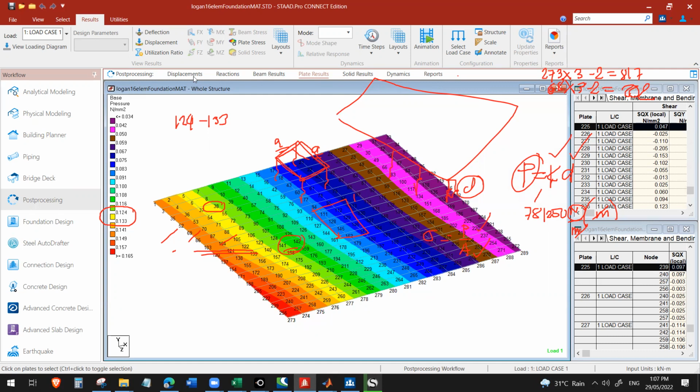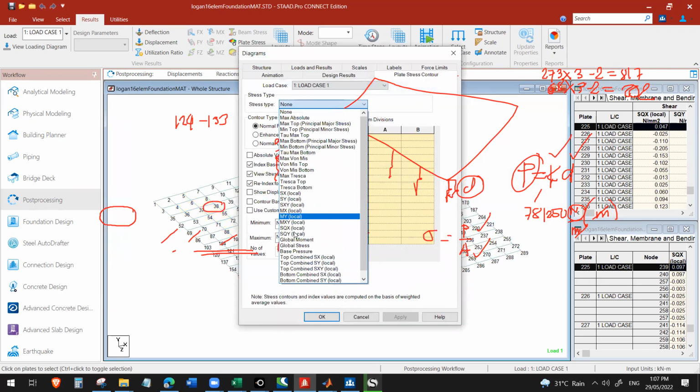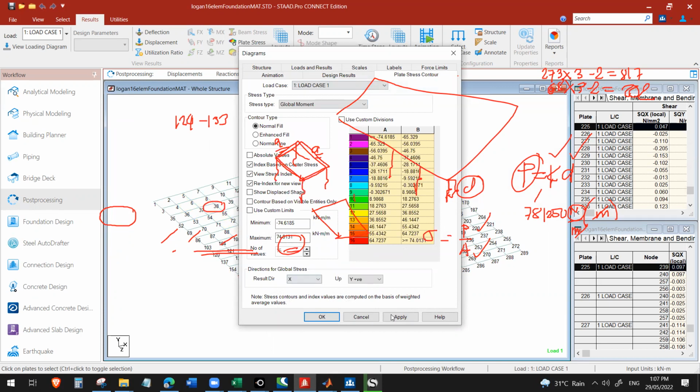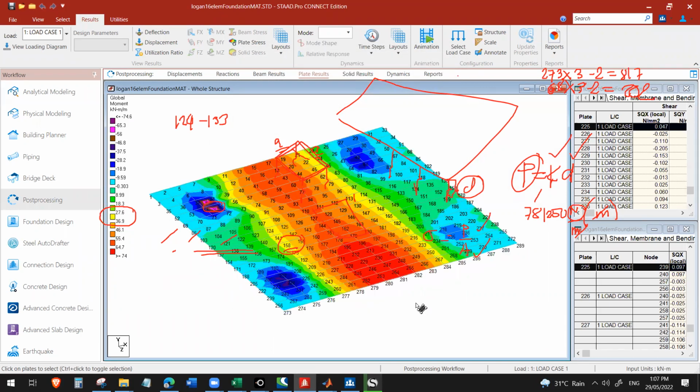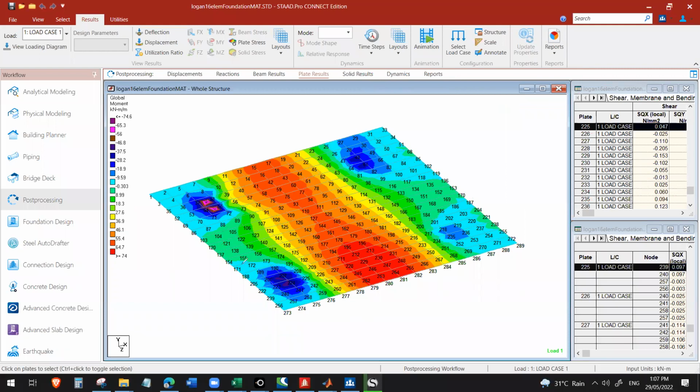Then lastly is for the moment. Plate results, global moment, just Mx. As you can see, this is the global moment. These are the positive ones.